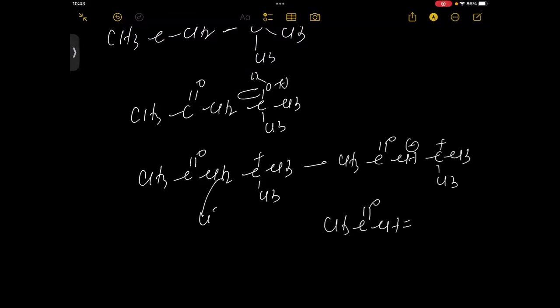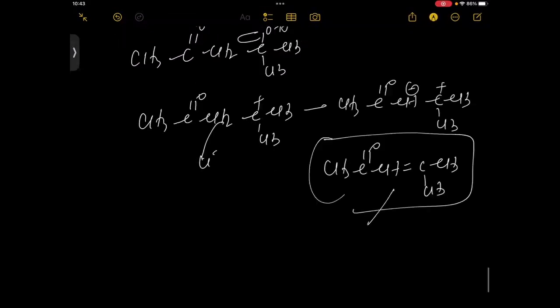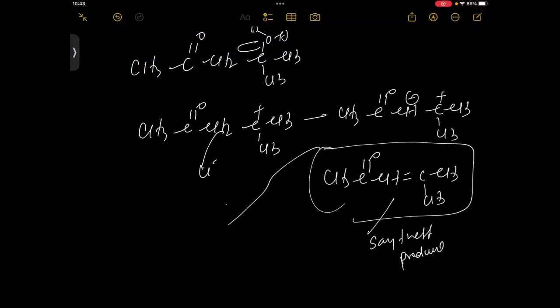So what can you observe here? The double bond formation gives the Saytzeff product. You will get the Saytzeff product. This whole process is dehydration. All of this dehydration process takes place by the E1 mechanism.